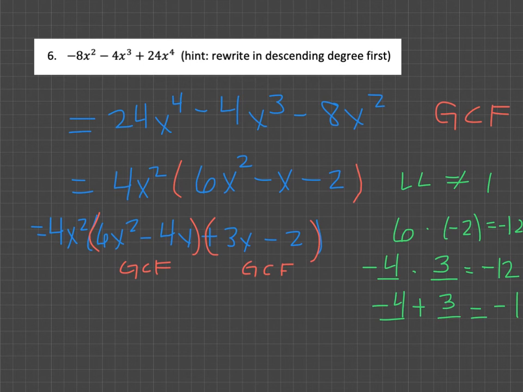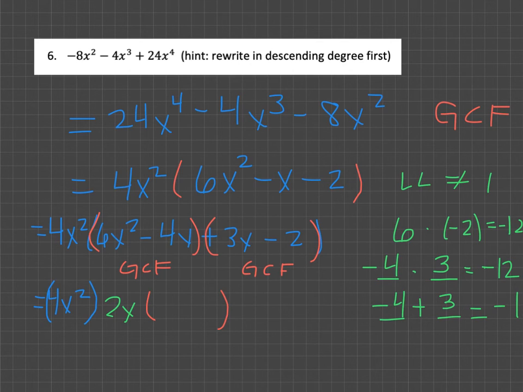Okay, the 4x squared is going to keep coming along. It doesn't disappear. I'm going to put it in parentheses to kind of keep it separate. Now let's find the greatest common factor of 6x squared minus 4x. We can factor out a 2x, so that comes out in front. Then write down in parentheses what's left over when we factor that out.